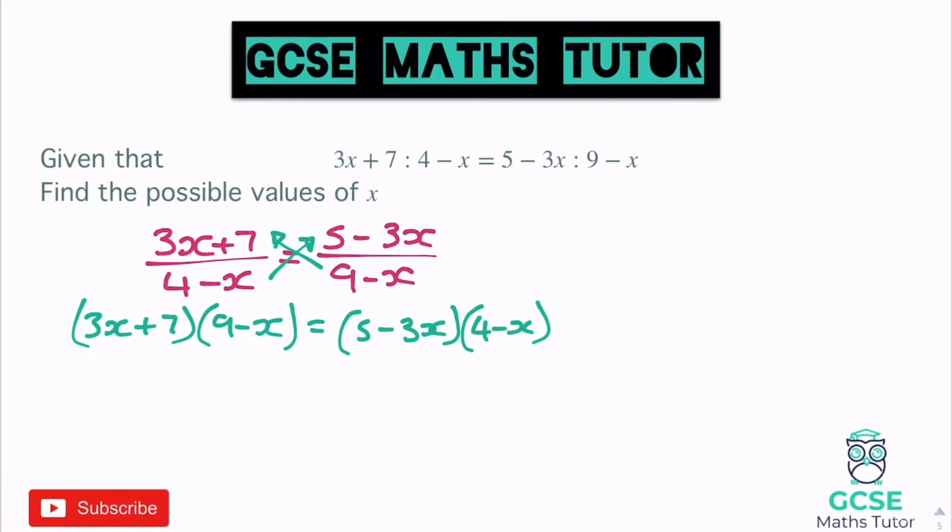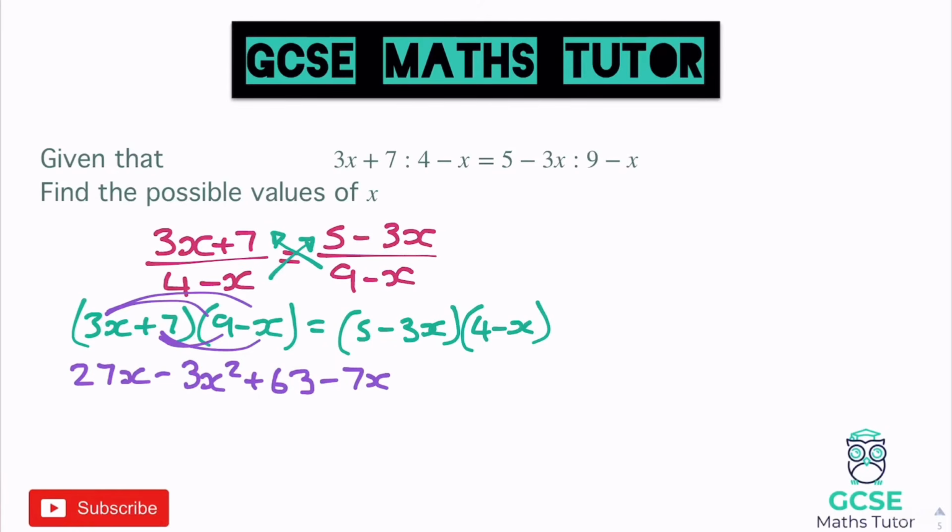Got to be careful with a couple of these, but let's just see what we get to start with. So 3x times 9, I'm going to follow my normal order. That gives me 27x. 3x times negative x gives me minus 3x squared. 7 times 9 gives me positive 63. And then 7 times negative x is negative 7x.